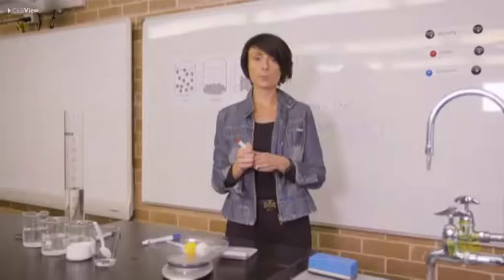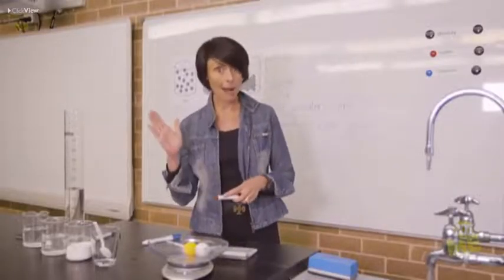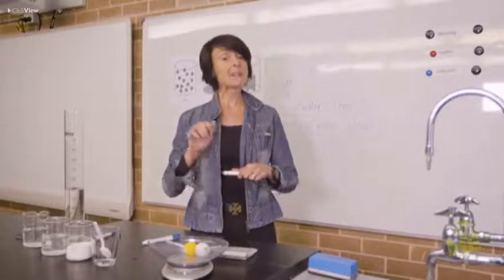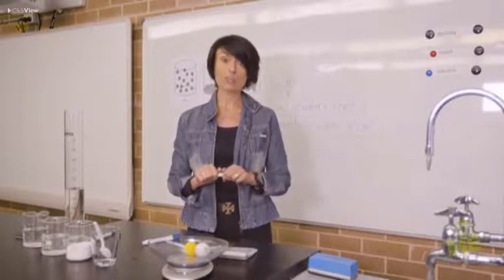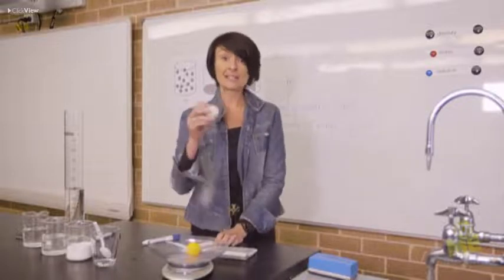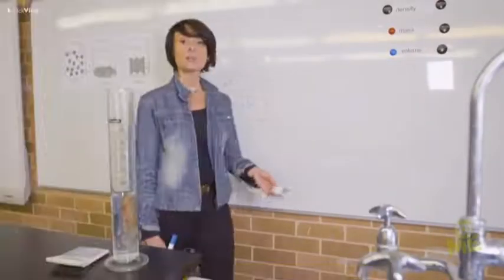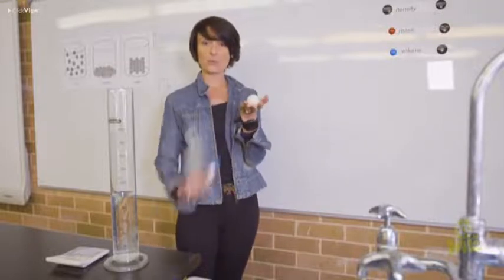One can assume that if an object has a density of more than 1, the object will sink in water. And if an object has a density of less than 1, the object will float in water. Let's work out the density of the golf ball. To work out the golf ball's density, we need to find 2 things.